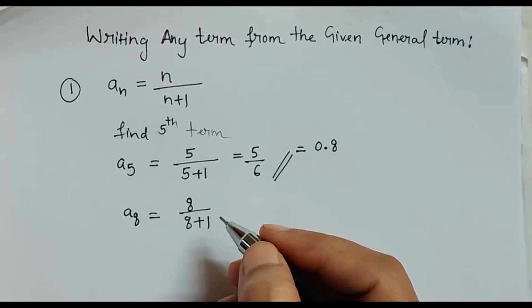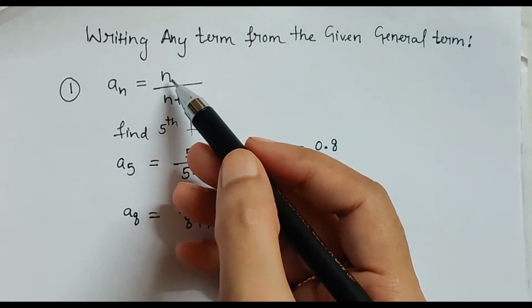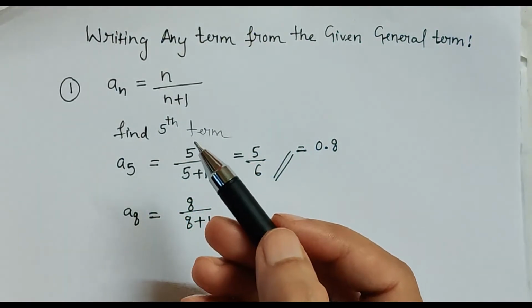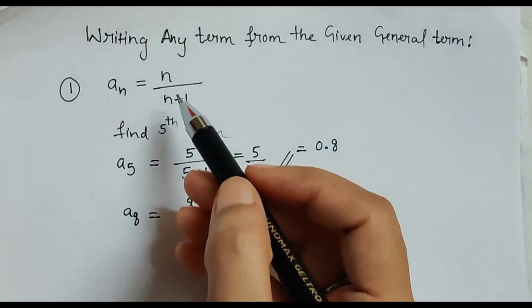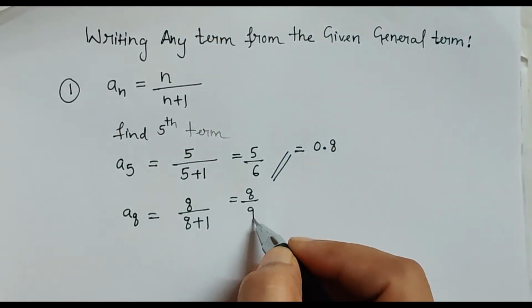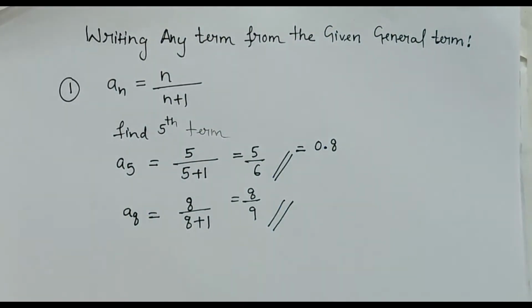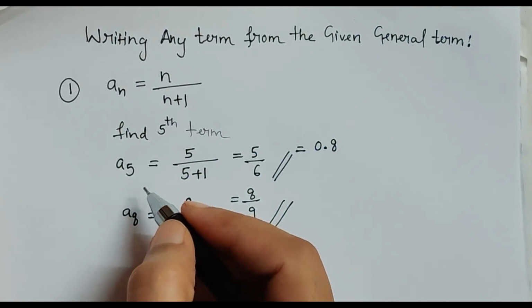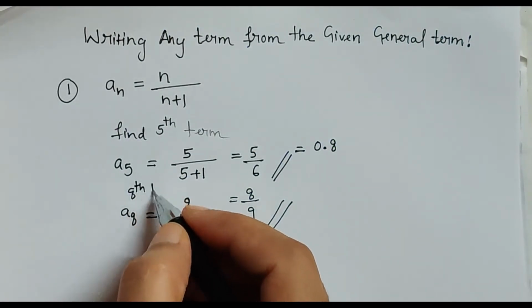We are doing nothing but simply replacing this n by whichever term we are asked to find. So 8th term means n replaced by 8. So this is 8 upon 9. This is how we can find any term by using the given general term.